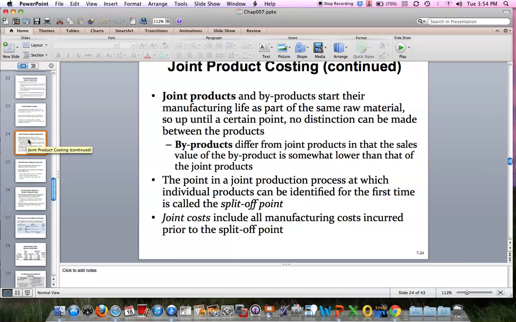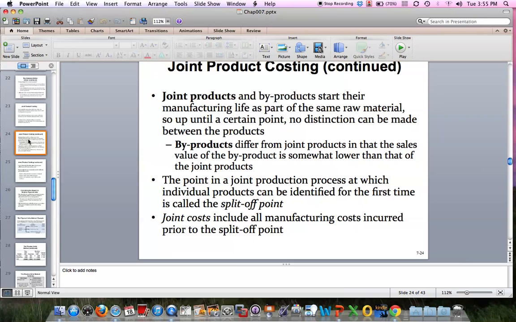So for joint product costing, continued here, there's lots of terminology on page 241. I would make sure that you've got a good handle on what each of these terms means for a test, for a quiz. Just be aware of what those are. Joint products and byproducts start manufacturing as the same raw material. Up to a certain point, no distinction can be made.